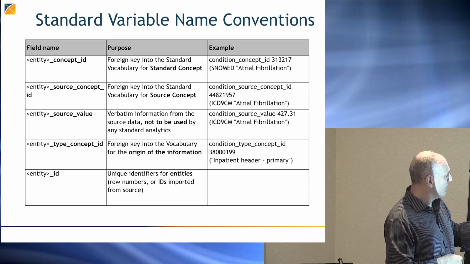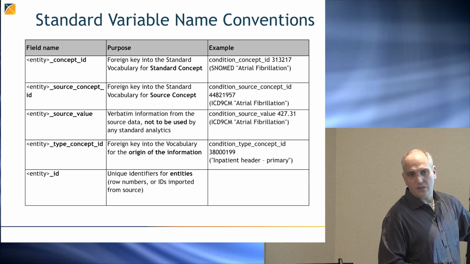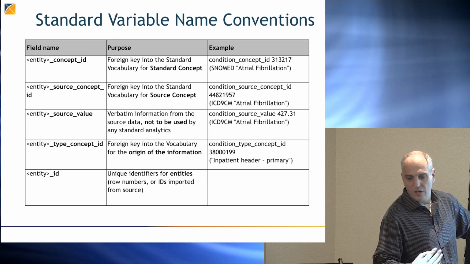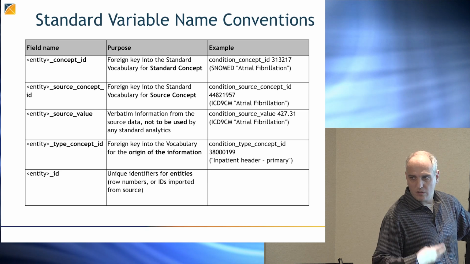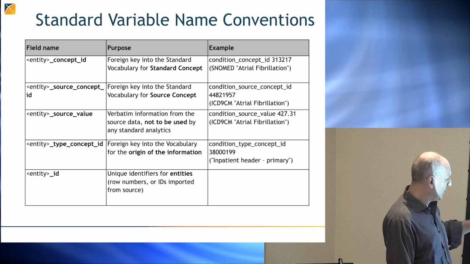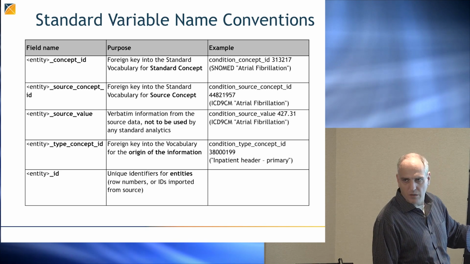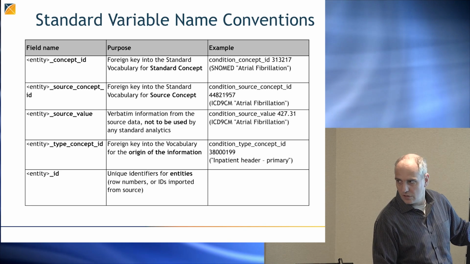And then there's a procedure type concept ID, and that says where the information is coming from: is it from a claims form, or from an EHR record, or is it patient-listed from the medical history of the patient. And then there's just the entity ID, which is just a rolling number. So procedure ID is just a row number in the table.